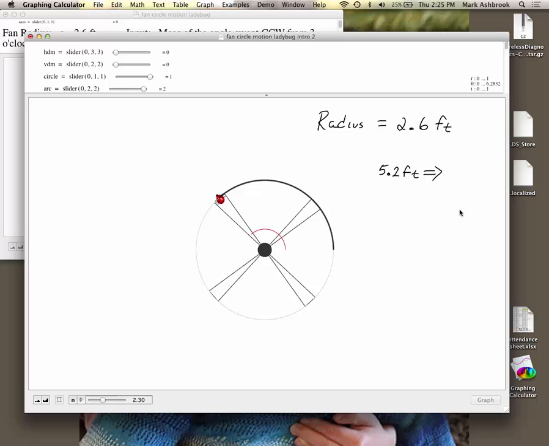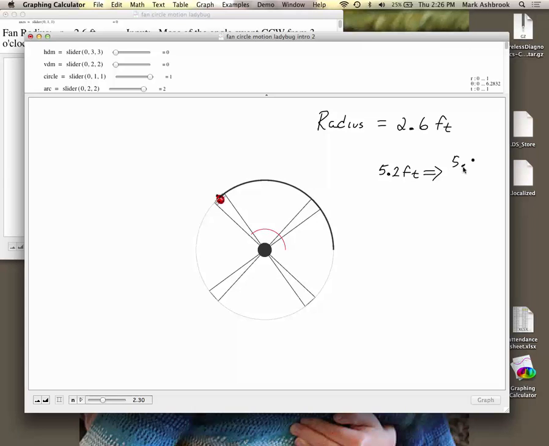So how many radius lengths did the bug travel, Zach? If 2.6 is each radius length and it went 5.2, how many radius lengths did the bug travel? 2. So therefore, what's the angle of openness in radians?